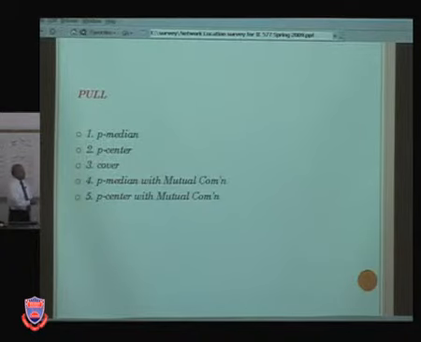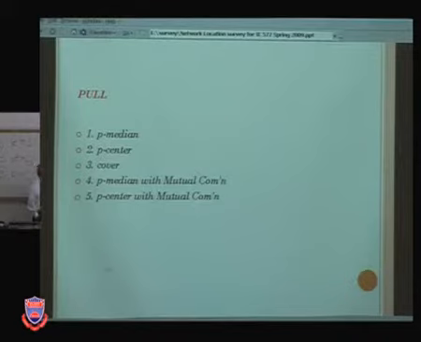So, pull type objectives, the most well-known ones are the p-median, p-center, and the related cover problem. You've already seen these things. There is the so-called p-median with communication problem and p-center with mutual communication problem.